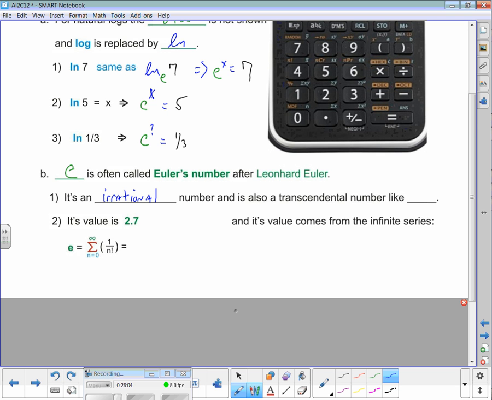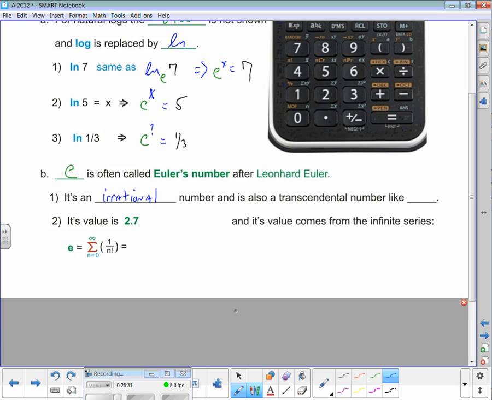Under the rationals come the integers, then the whole numbers, then the natural numbers. Let me go bottom up. Natural numbers: 1, 2, 3, 4, 5 and up. Whole numbers add 0. Integers add the negative numbers: -1, -2, -3, and so on.